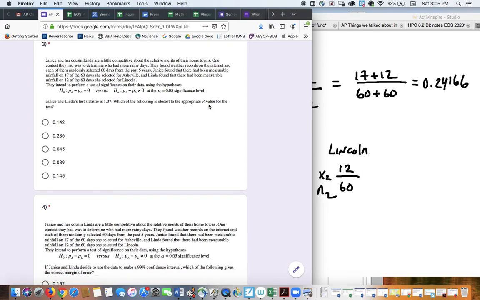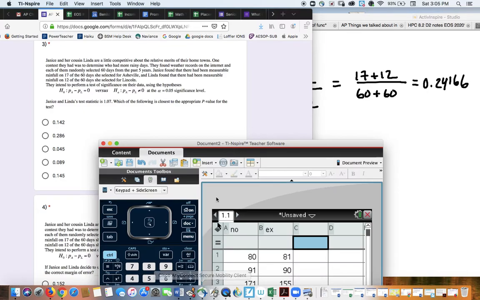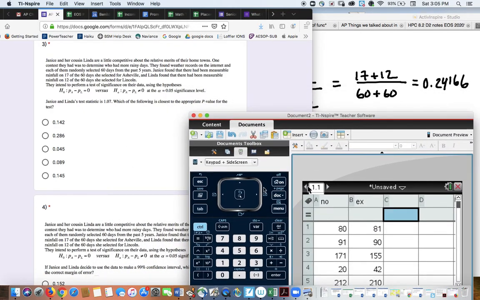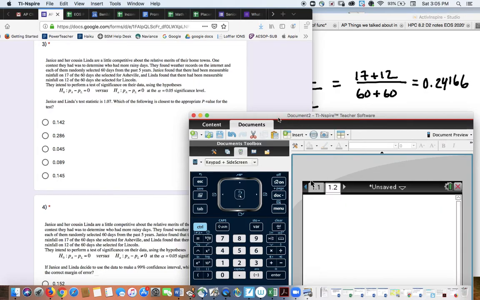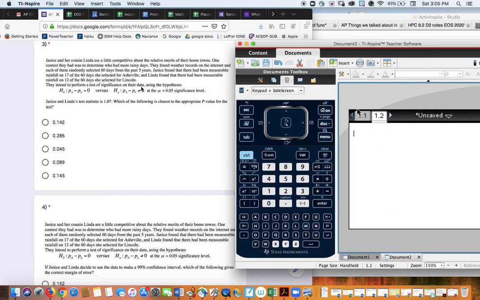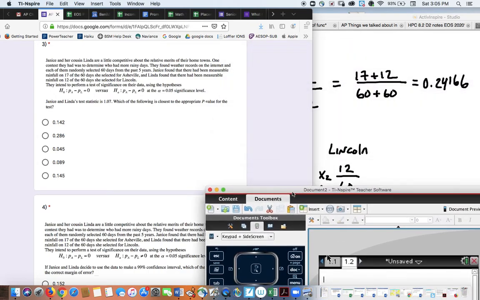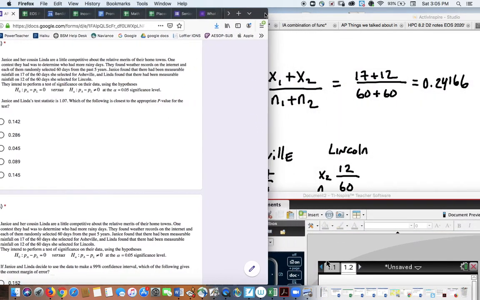Moving down. Here we're supposed to find the p-value. So I'm going to use my calculator for this. Okay, blank page. I have two proportions, a proportion for Lincoln and a proportion for Asheville.